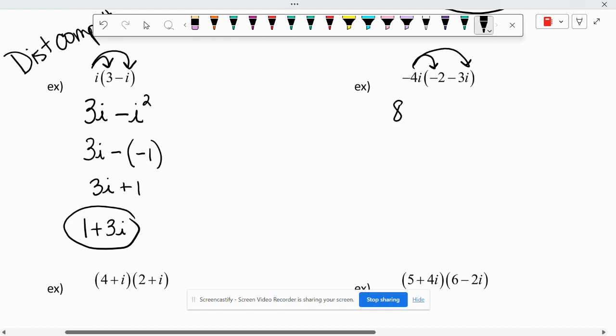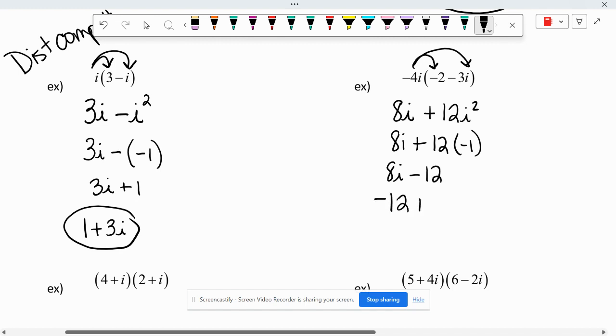A negative times a negative is a positive. So let's see, negative 4 times negative 2 is positive 8.